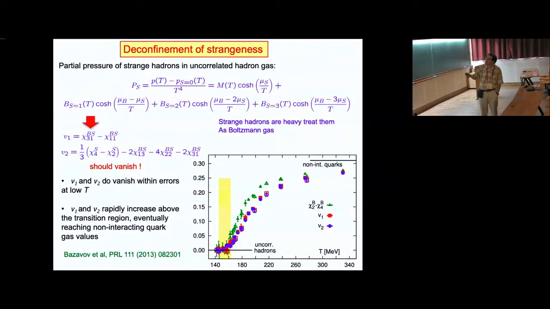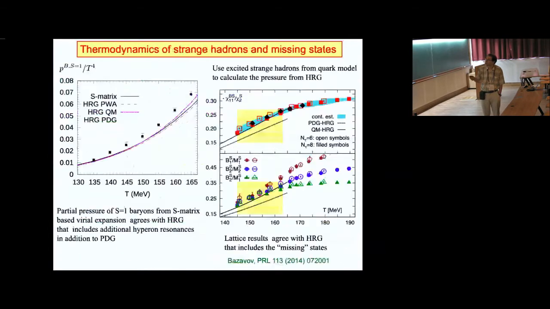If the lattice is described by this, then this partial pressure can be expressed in terms of different combinations of baryon number and strangeness fluctuations. So you could, in principle, extract from the lattice also the partial pressure of strangeness 1 baryons.